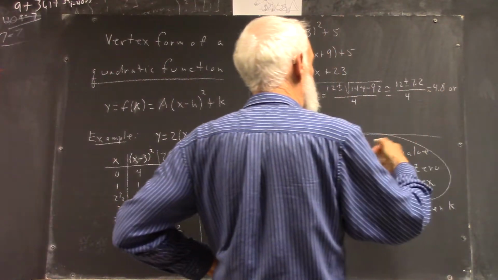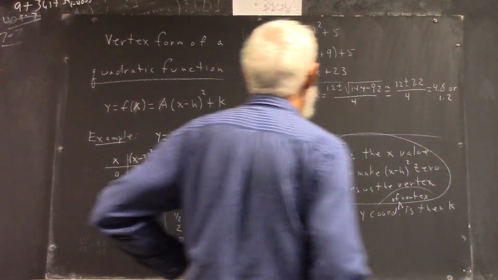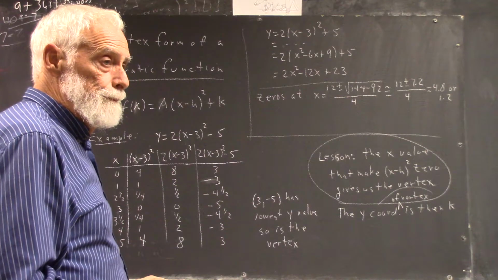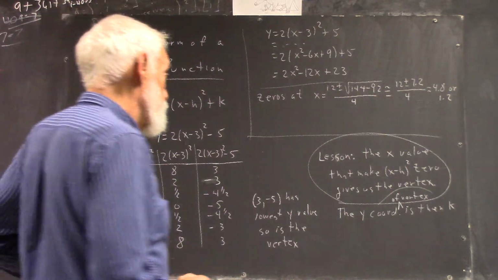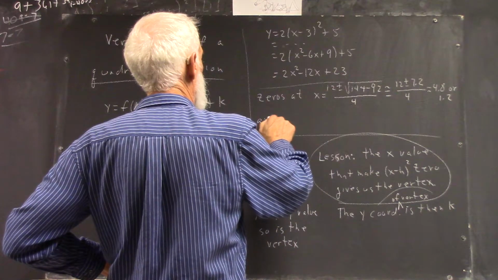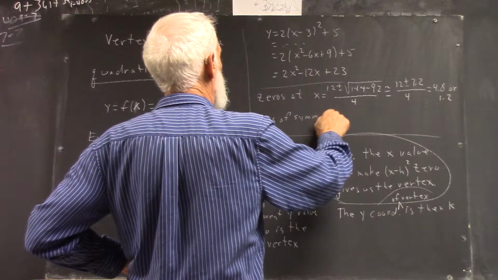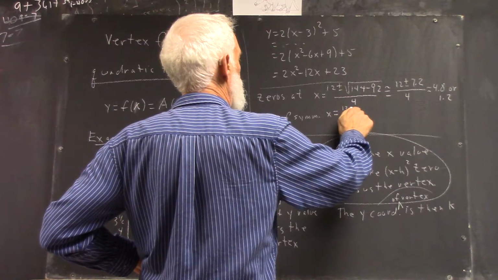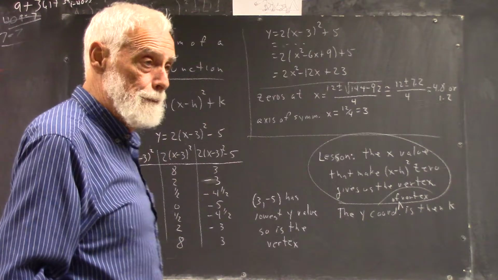Or subtract 7.2, be careful, and it's 4.8. I think we get 4.8 or 1.2. And that checks out with the axis of symmetry, which is at x equals 3.